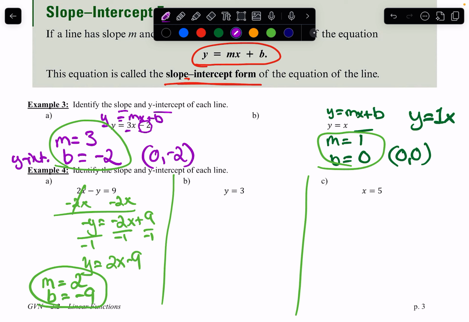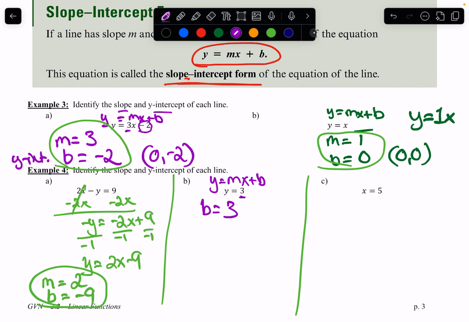y equals 3. So here, if we think about it, y equals mx plus b. All we have is a number, a constant here, so that has to be b equals 3.